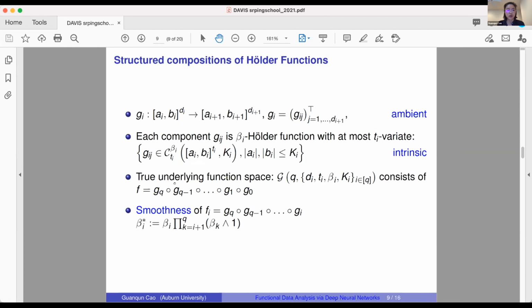So we assume the true underlying function space consists of a composition of many g functions, g_q to g_0. The smoothness of this f function depends on the smoothness beta_i of g_i, and also on beta_{i+1} to beta_q. That's how we define the smoothness for the f function and also the intrinsic dimension.